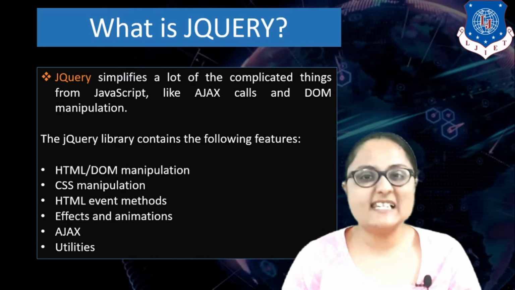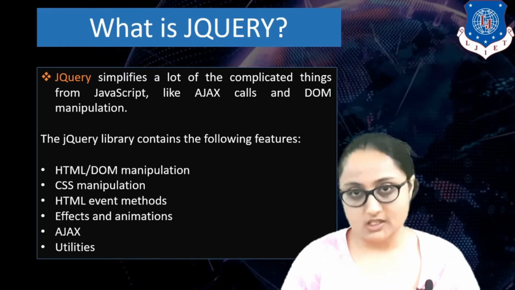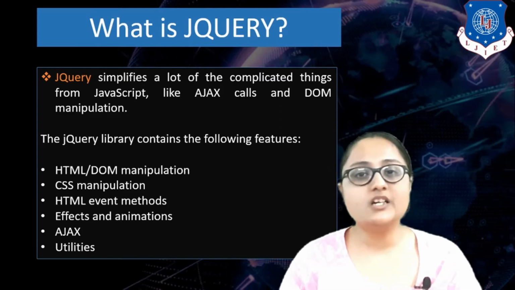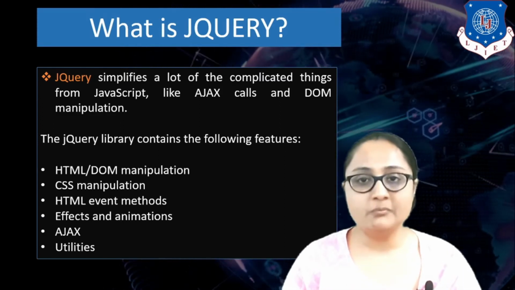The second is CSS manipulation. You know that you can change the CSS using JavaScript. This CSS manipulation can also be done in jQuery. The next is HTML event methods.